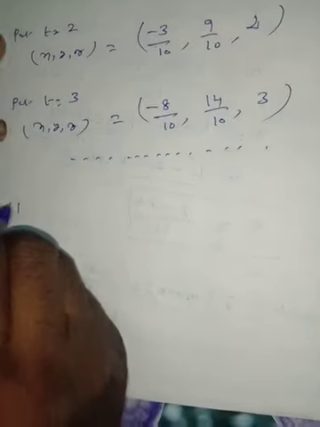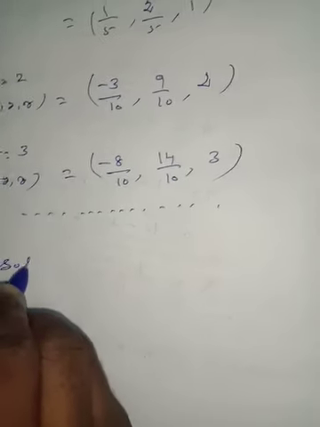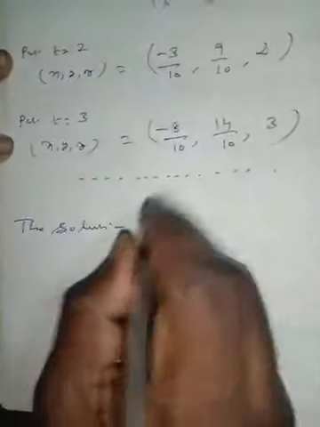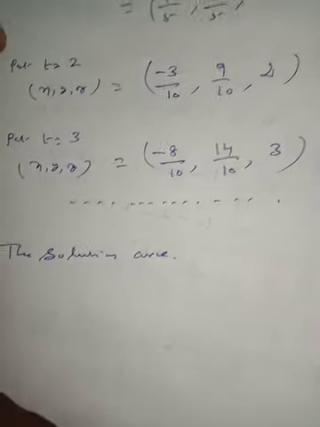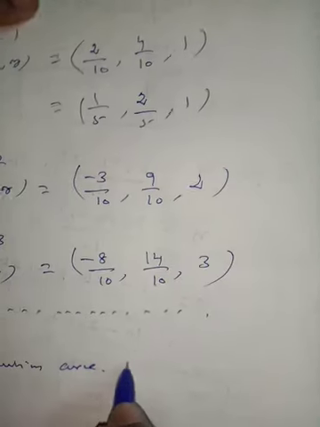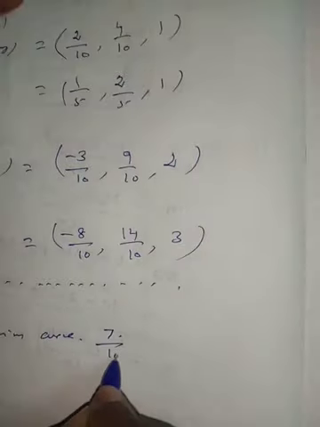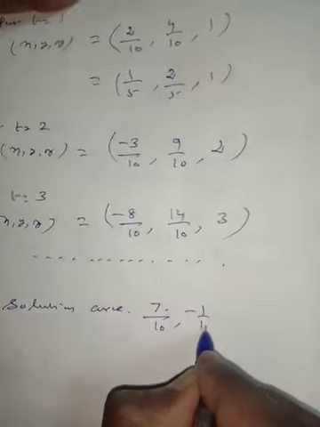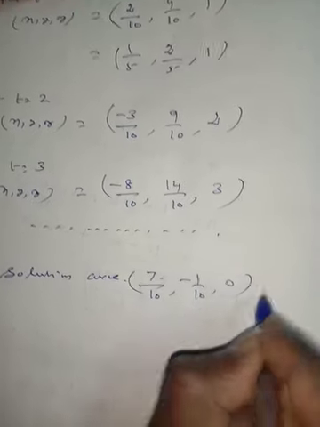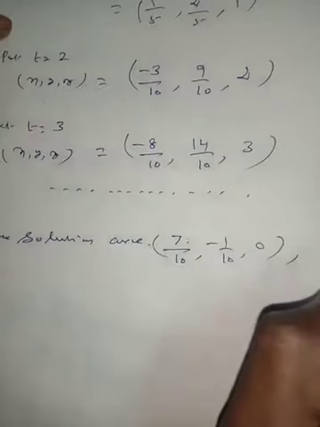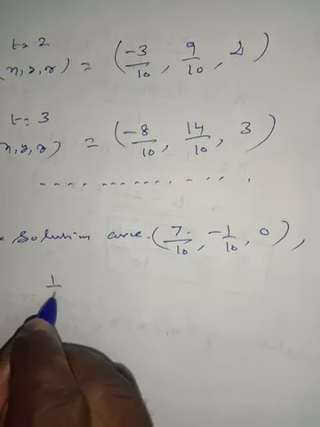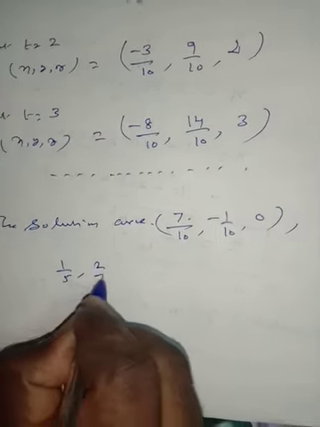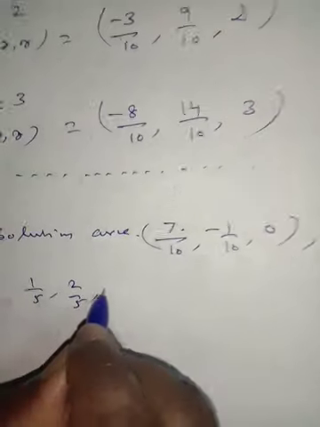The solutions are: first, put t is equal to 0, 7 by 10, comma, minus 1 by 10, comma, 0. Second solution, 1 by 5, 2 by 5, comma, 1.